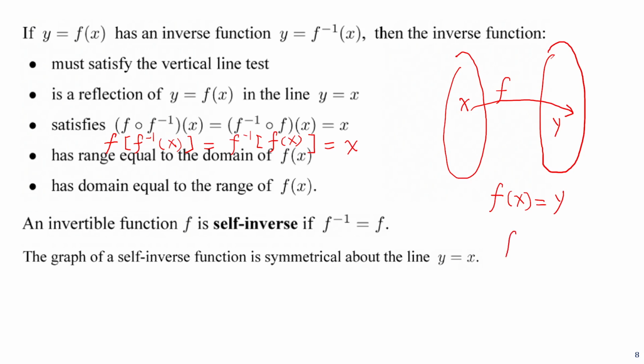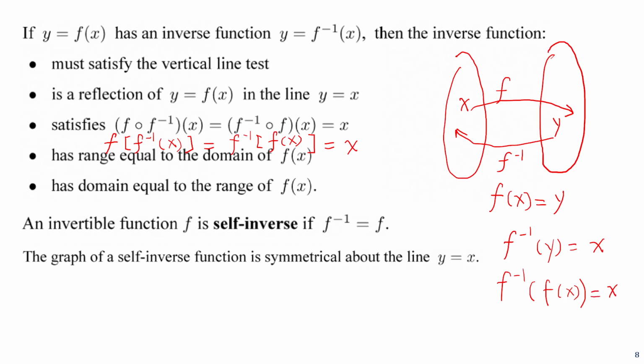Then we also know the reverse mapping is called f inverse, right? So we have f inverse of y should map y back into x, right? So what is y? y is f(x). Therefore, we have f inverse of f(x) should equal x exactly, right?